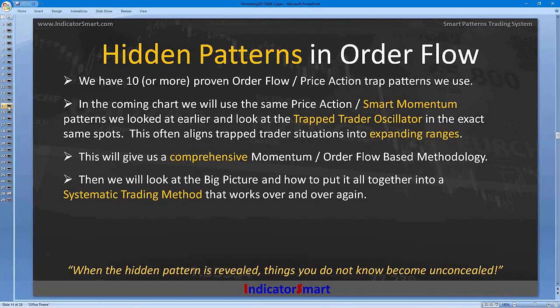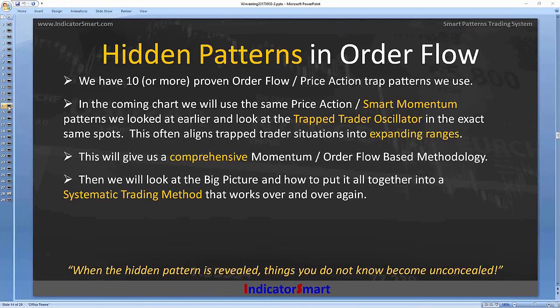But this gives us a comprehensive approach. What do we have? Well, we've got the smart momentum telling us that the cycle's expanding. We know what the bigger likely direction is, or at least how much there is. And then the trap trader oscillator tells us what's happening with the order flow.